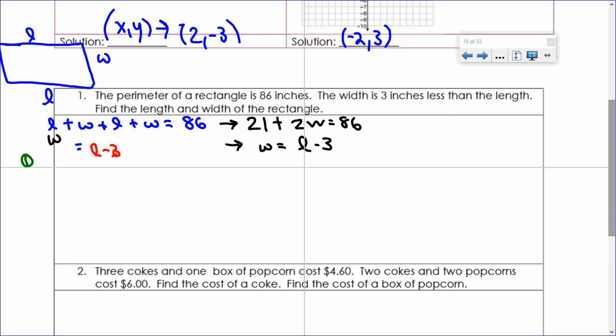You have to decide which is the best way to approach the problem. One of these equations does have a variable by itself, and we want to use that method of substitution.